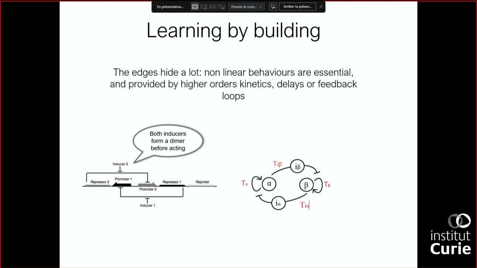Typically, people say, okay, this is a bistable network. I can see that there are two cross-inhibitory interactions, so it should be bistable. But it will never be bistable if the inducers do not form a dimer before acting. So topology is indeed important, but the rates, as you have seen in the previous example of the predator-prey.